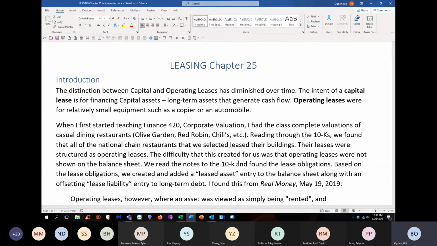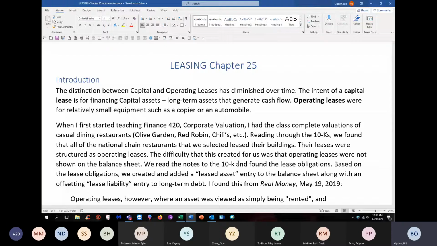Anyway, so we read through the 10Ks and soon discovered that all the companies that we had chosen to value, we're leasing their buildings.